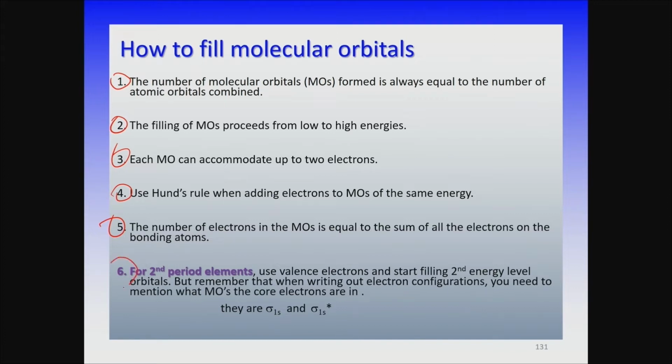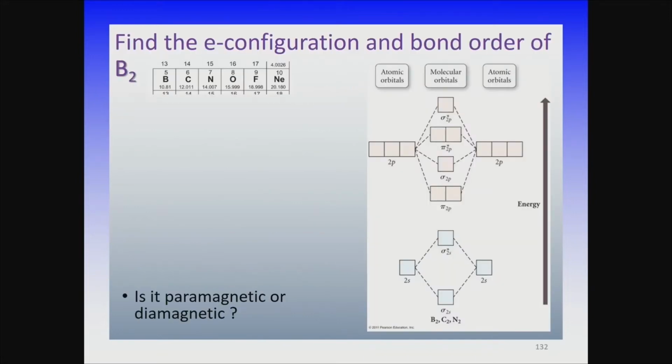And one thing to keep in mind as you're doing these electron configurations with diagrams that describe the second energy level molecular orbitals: don't forget that you have electrons that go into the molecular orbitals formed from the first energy level. So let's go ahead and do some examples of this.